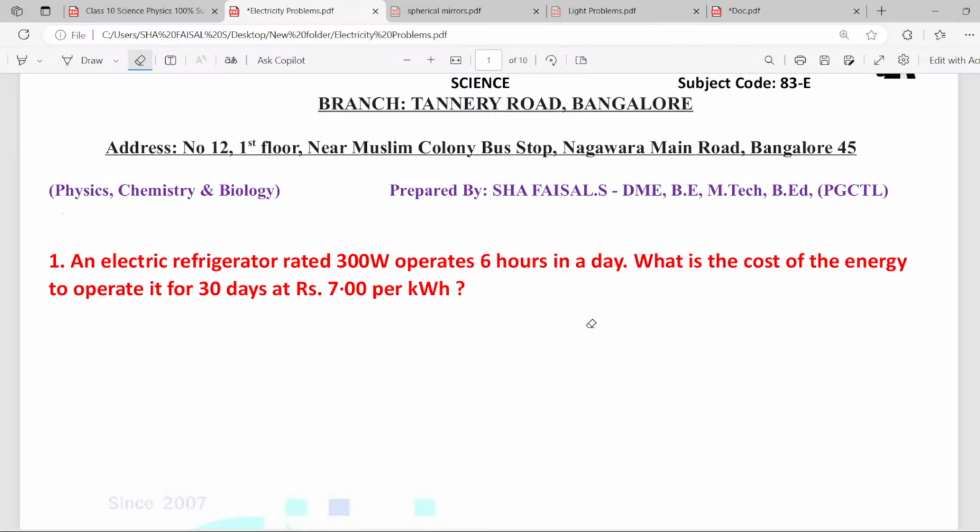Now observe here what is given in the statement. Can you see what it's given?